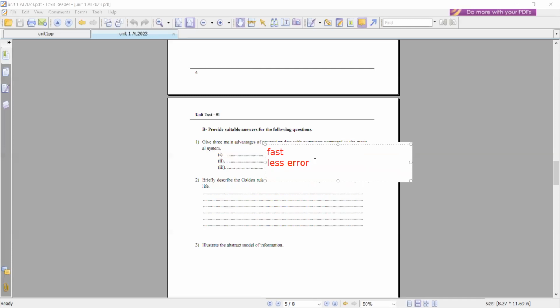No duplication. And it needs less space to store data. So these are the things that you can take.